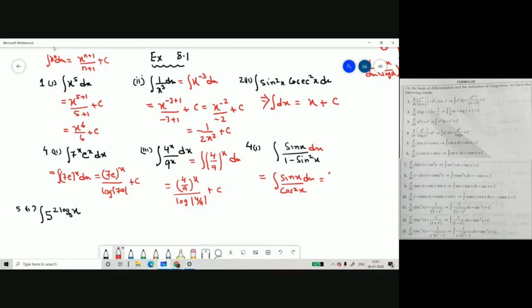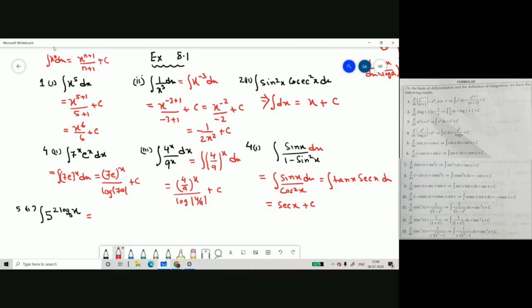Okay, and this is nothing but sin by cos is tan x, and 1 by cos x still remains over there, so that becomes sec x tan x dx, and integration of sec x tan x dx is nothing but sec x plus c.